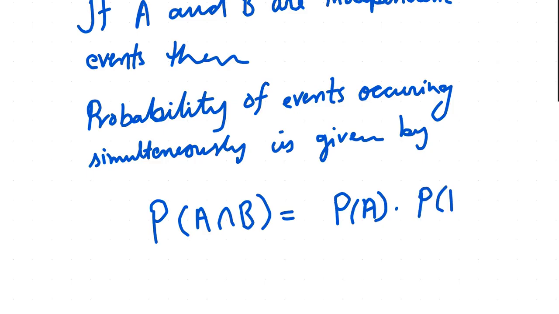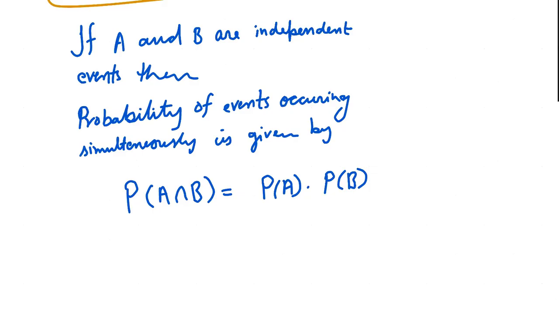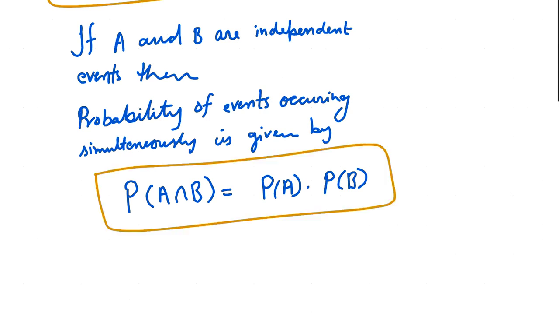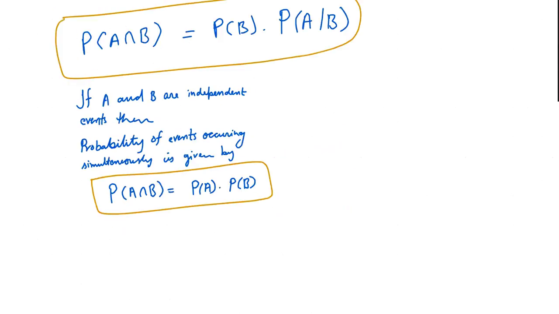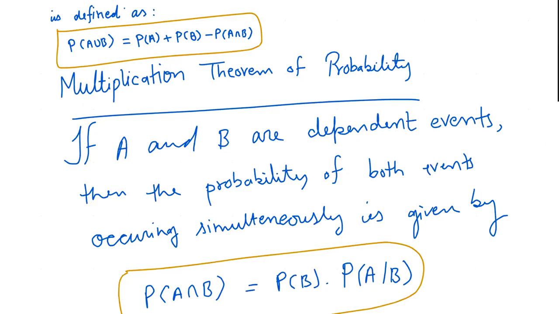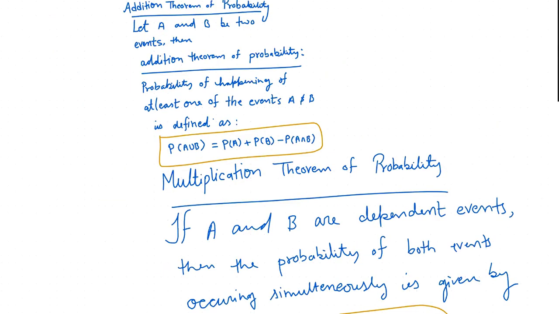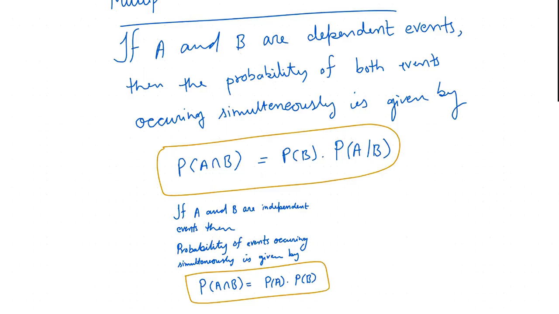So let us do both formulas again in brief. When we talk about the addition theorem, it means out of both events, at least one is happening. So we need to find the probability of that condition. But in multiplication, both events occur simultaneously.